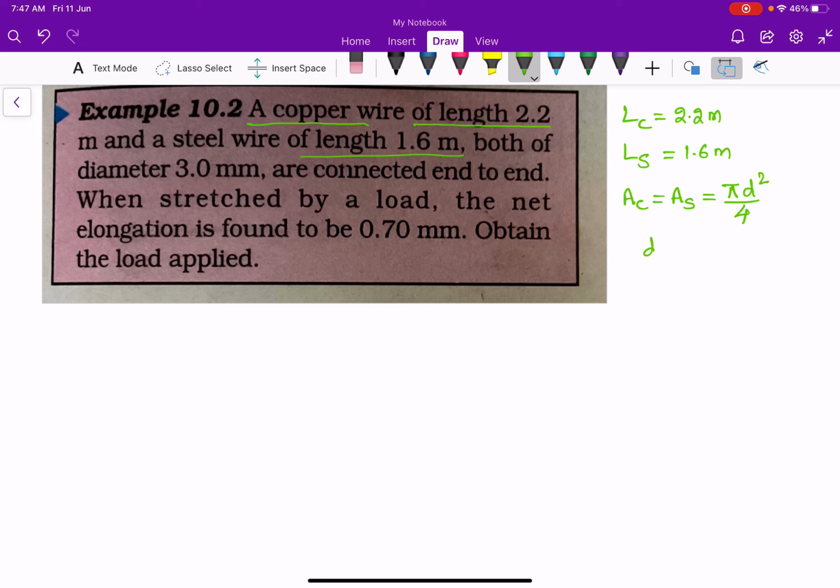Diameter is the same for both, D is equal to 3 millimeters in this case.